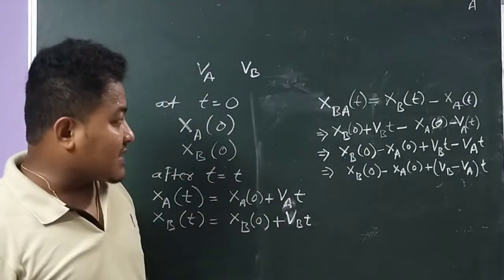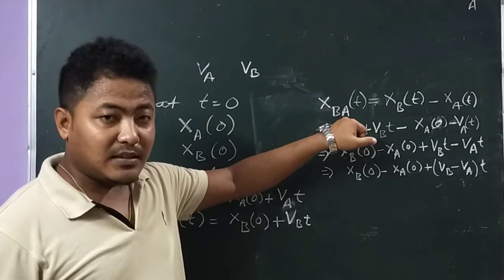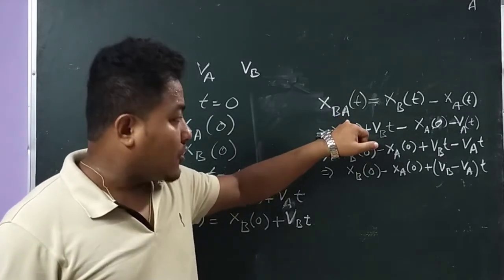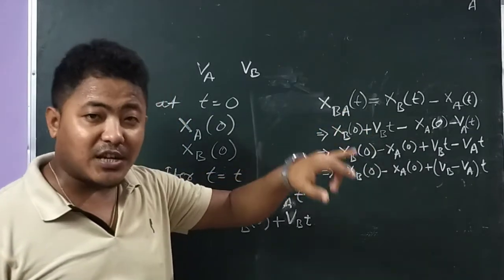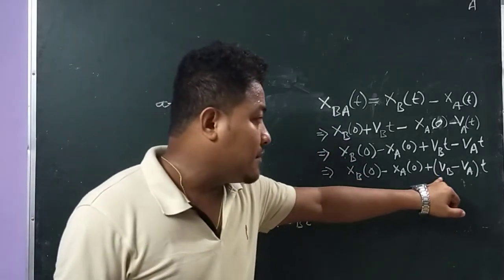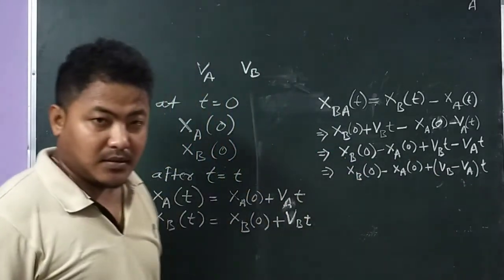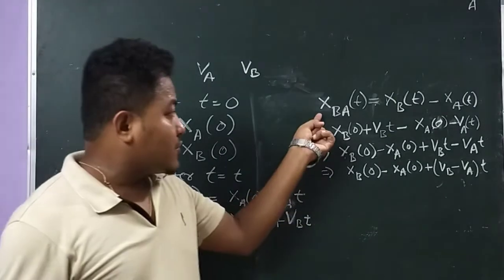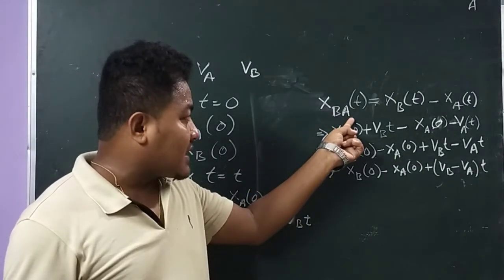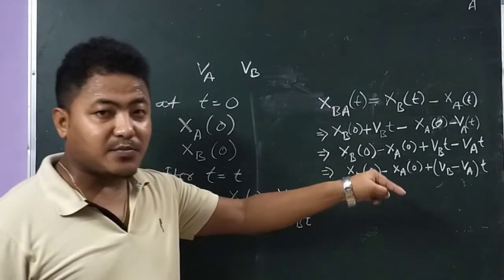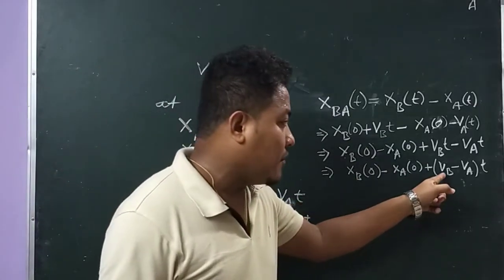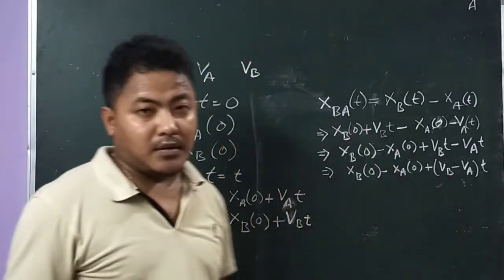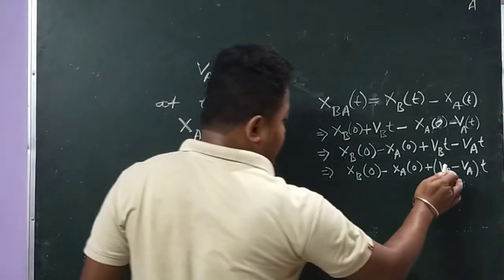That means in this case, the object A will see that the velocity has changed, VB minus VA. Is that clear? That means object A will see how velocity has been changing, that velocity is changing from B to A. As you can see, this is B minus A.